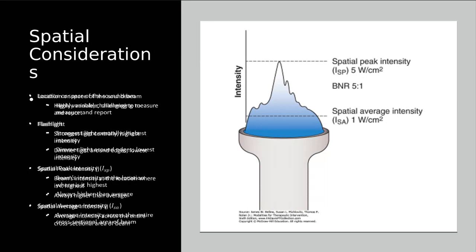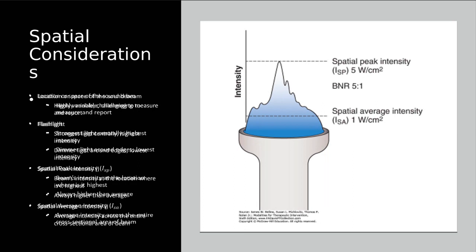This is always going to be higher than the average, because the average, if we're thinking of our flashlight, is taking into consideration those lower intensities from the edge of that flashlight, those dimmer radiating lights. So that is going to be our average intensity. That is ISA, and that is taking the average intensity across the entire cross section of the beam.